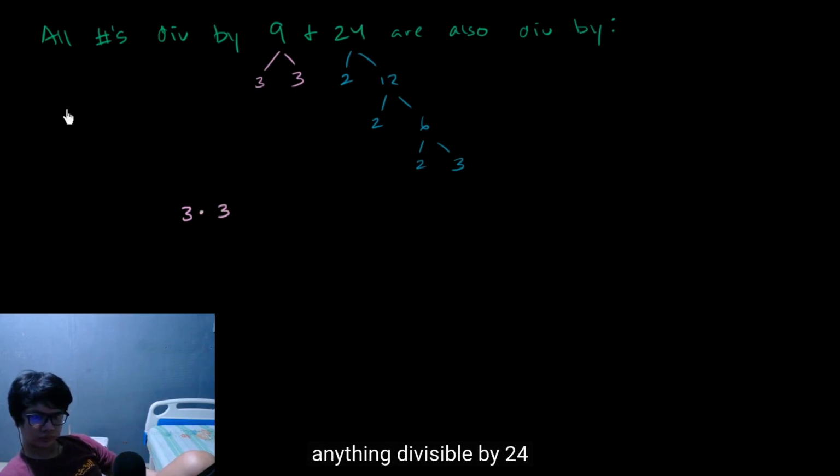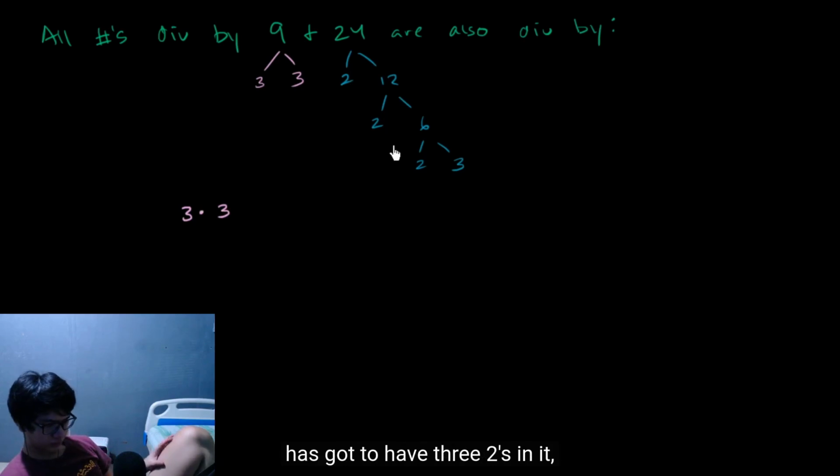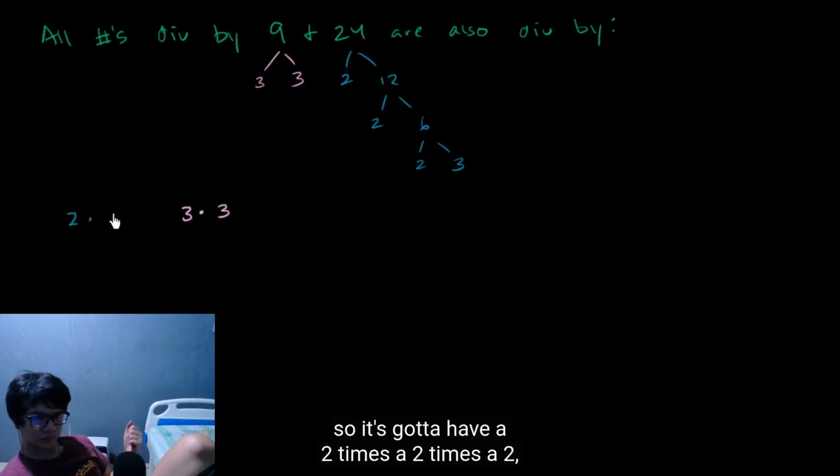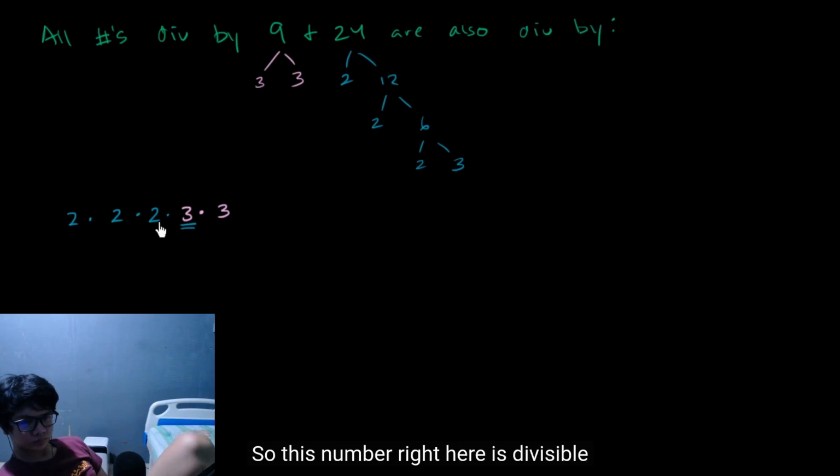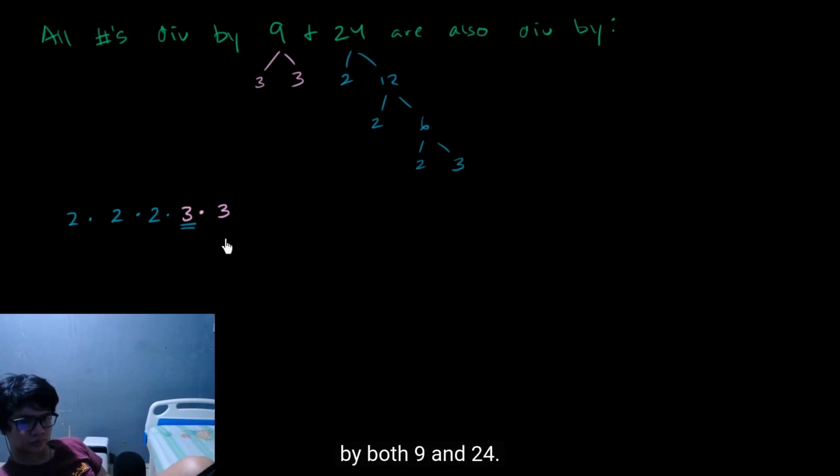Anything divisible by 24 has got to have 3 2's in it. So it's got to have a 2 times a 2 times a 2. And it's got to have at least one 3 here. And we already have at least one 3 from the 9. So we have that. So this number right here is divisible by both 9 and 24. And this number right here is actually 72.